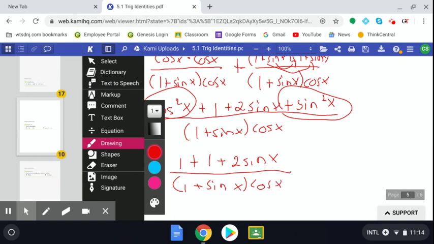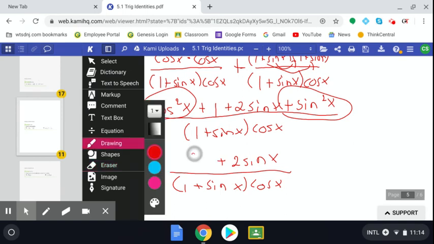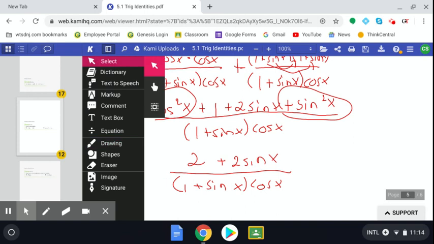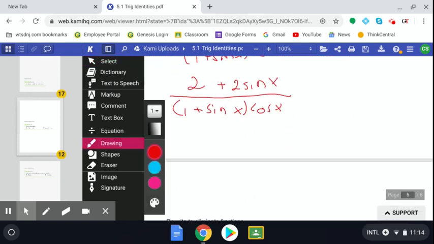Now 1 plus 1 is 2, so I can just say that this is 2 plus 2 sine x. And I can factor out the 2. So now I have 2 times parentheses 1 plus sine x, over 1 plus sine x times cosine x.